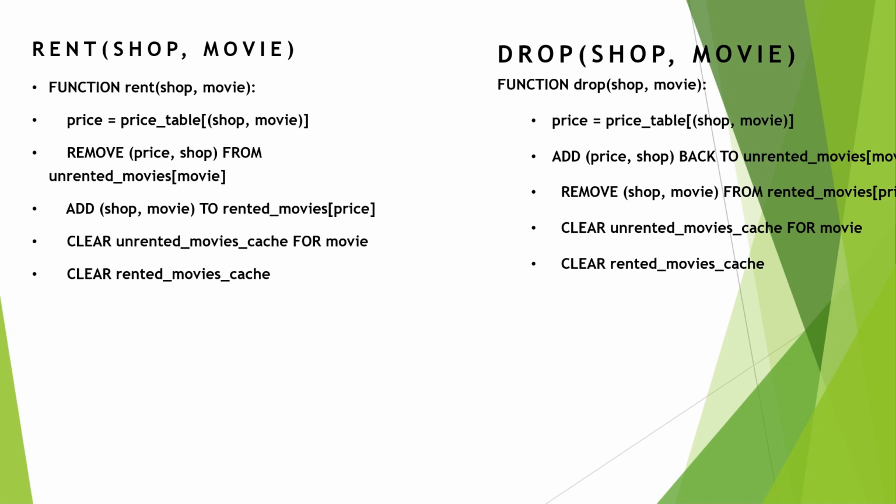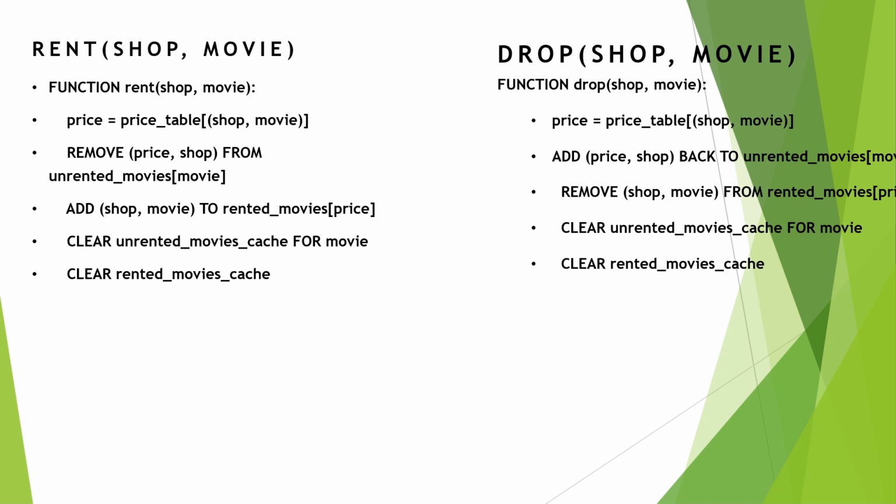Those are the two basic operations we will perform. To remove a particular movie from the unrented movie set, we have to know the price. The price can be easily fetched from the price table. So we'll remove it from the unrented movie set. We will add it to the rented movie set.